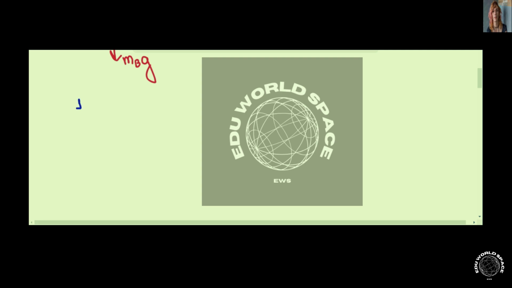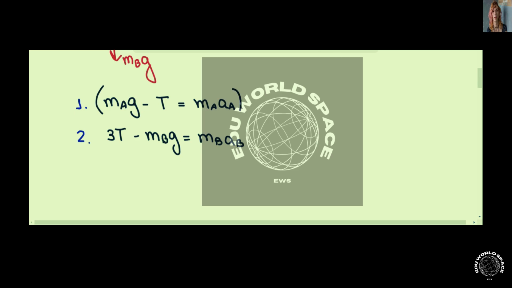So I have 1, that's MA g minus T is equal to MA times AA. And then we have 3T minus MB g is equal to MB AB. So what I'm going to do is multiply equation 1 by 3, and then I'm going to sum both equations.